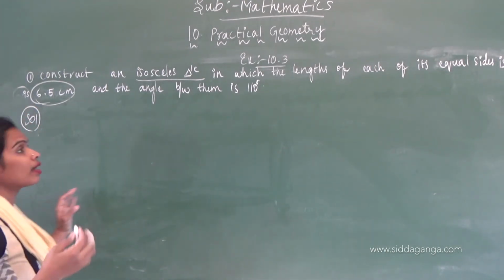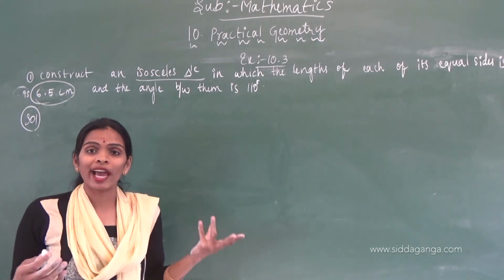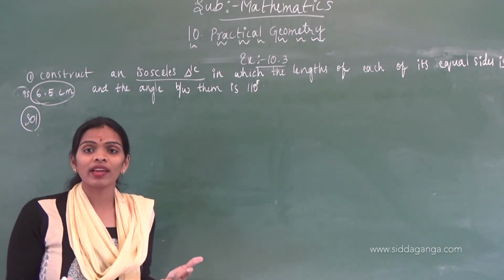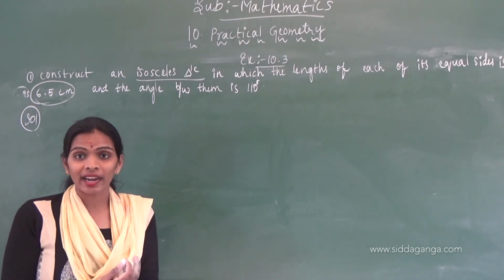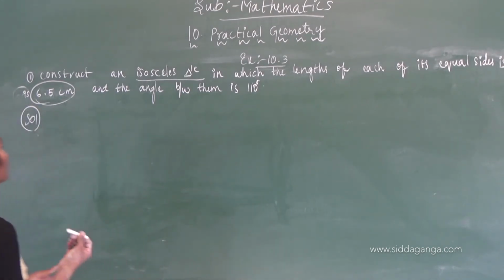They are not giving the name of the triangle which we have to construct. Just I am giving the name of the isosceles obtuse angle triangle as triangle ABC.